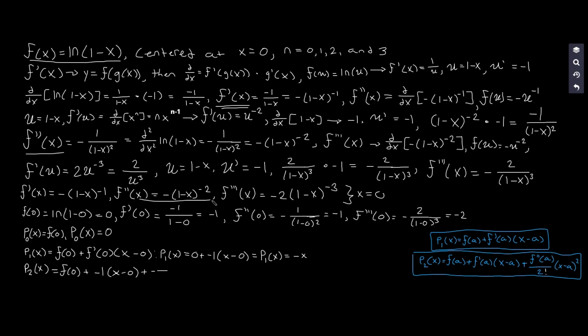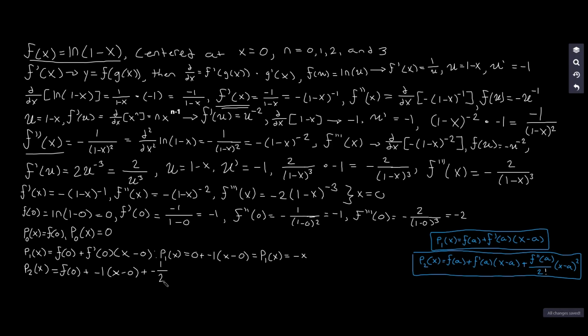Let's leave it in the numerator, I would say. Or I could just bring it out front. A factorial of 2 is just 2, right?